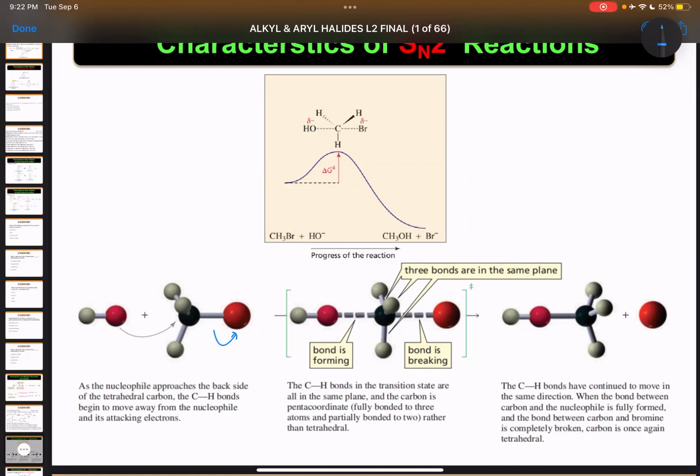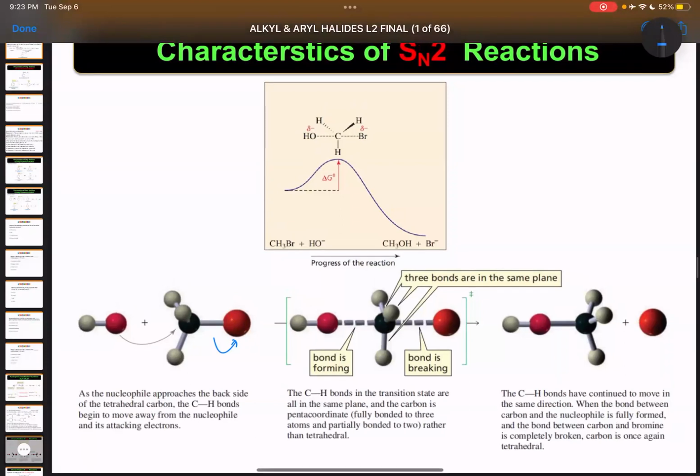Why are rearrangements not possible? And what do I mean if I say rearrangements are not possible? It means that the spatial arrangement of bonds remains the same, but it is only inverted.